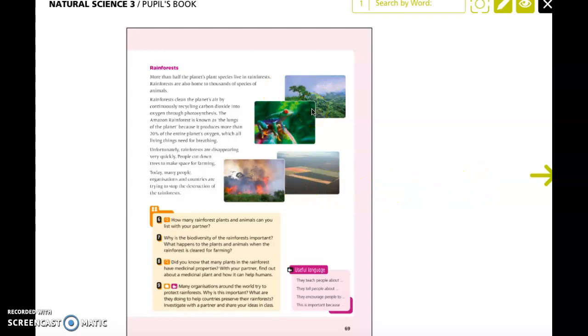The rainforests really help clean the planet's air by continuously recycling carbon dioxide into oxygen through photosynthesis. So lots of photosynthesis occurs in rainforests, which produces lots of oxygen. But unfortunately, some people are cutting down rainforests, as we see here, which is not good because that means less oxygen is being produced.